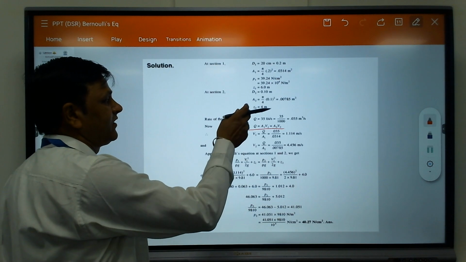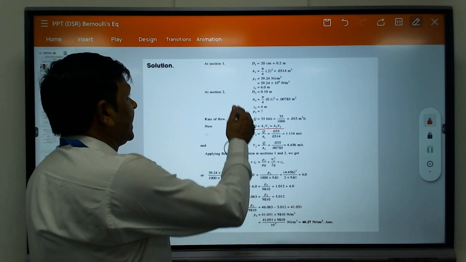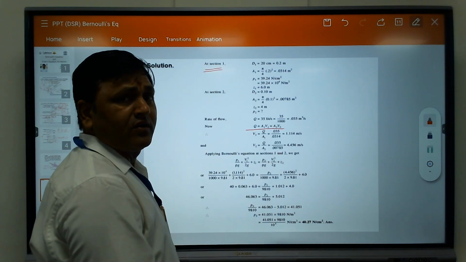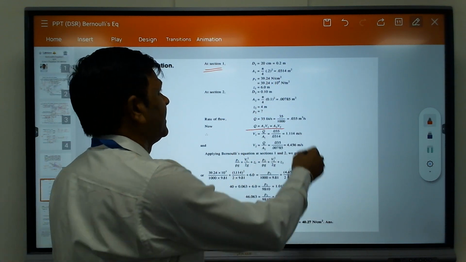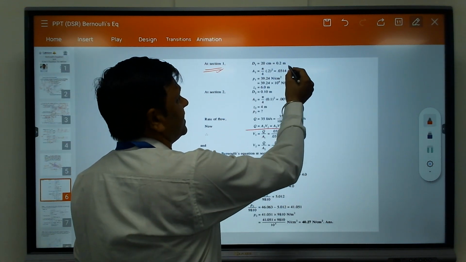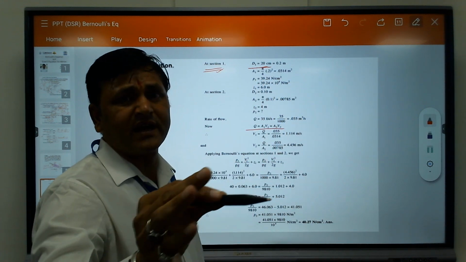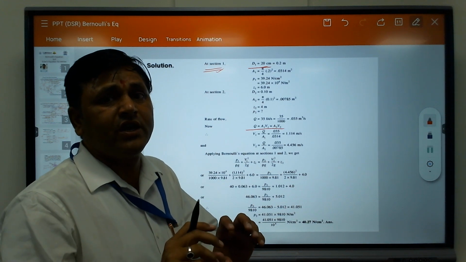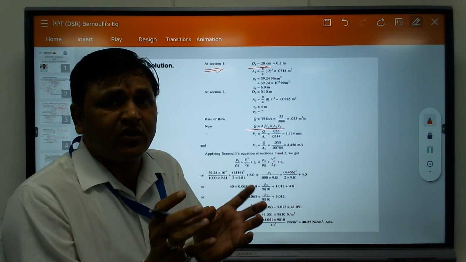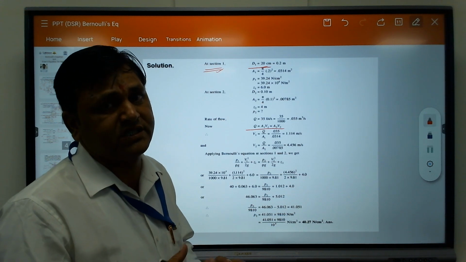Now we will see the solution of this numerical. First of all, we will write all the given data. At section 1, D1 is 20 centimeter. Before doing the numerical, we have to make all the units the same, either in the MKS system or in the CGS system.